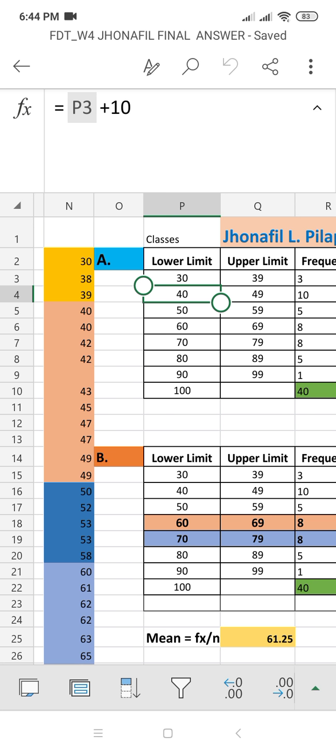This is the formula. 30 plus 10, the next is 50 plus 10, 60 plus 10, and so forth up to 100 plus 10. Then in the upper limit, the formula here is 39, then we have to subtract 1.